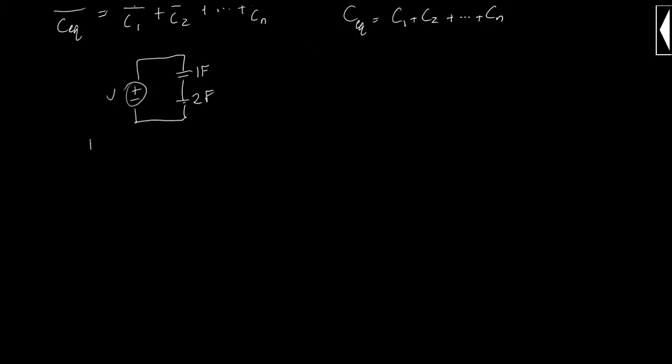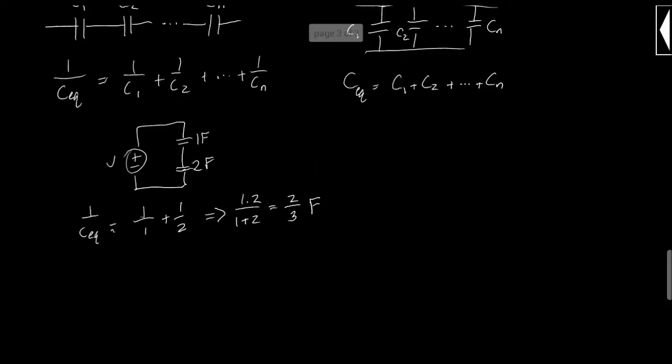It works out to be the same. 1 over C equivalent equals 1 over 1 plus 1 over 2. Or you could use a little shortcut that I did before, where it's just the multiplication of 1 times 2 over 1 plus 2, so 2 over 3 would be the equivalent. And in parallel you just add the numbers together.